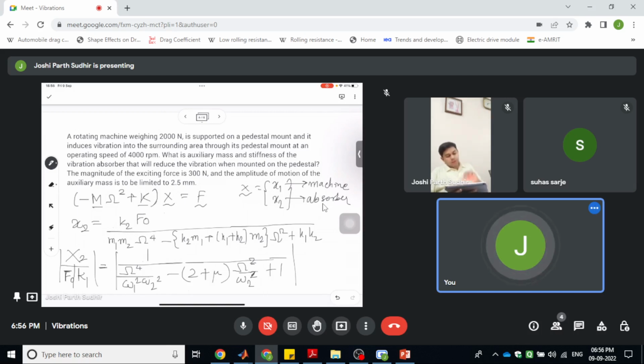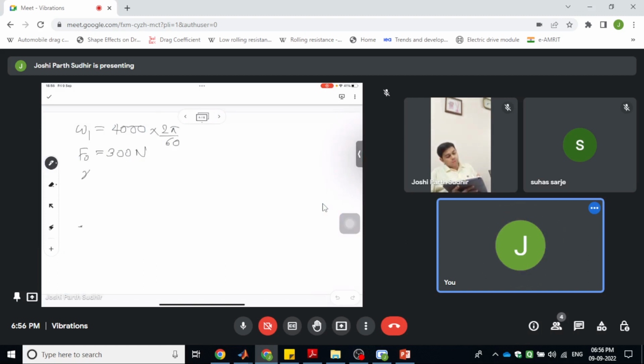So we have been given that the displacement x2 is 2.5 mm.